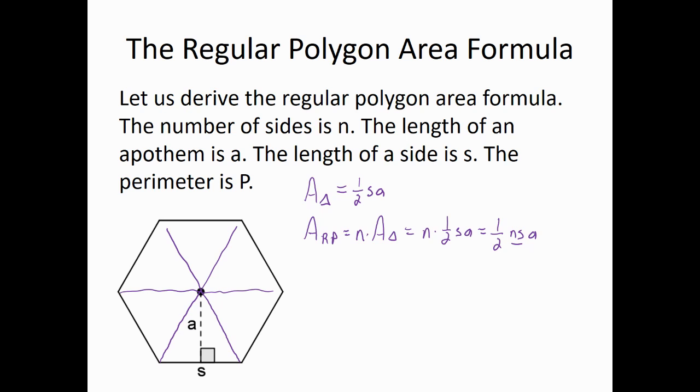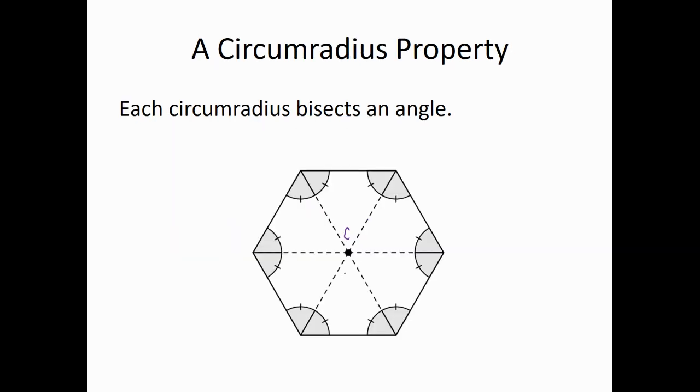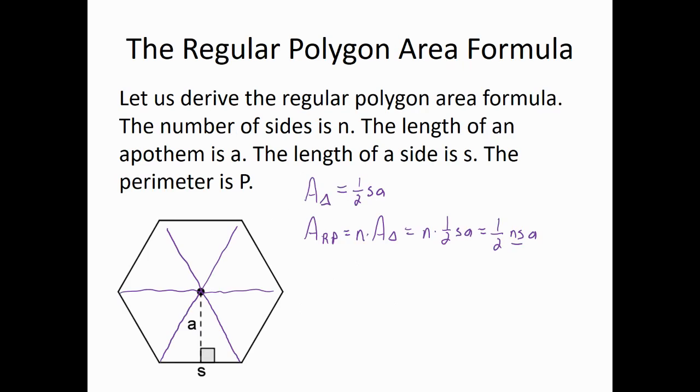So ask yourself, what is another name for n times s? That, of course, is perimeter. So what we finally end up with is that the area of a regular polygon is half of the perimeter times the apothem. And that's a very pretty little formula. And that's the one that we'll use in just a moment when we do a couple of problems.